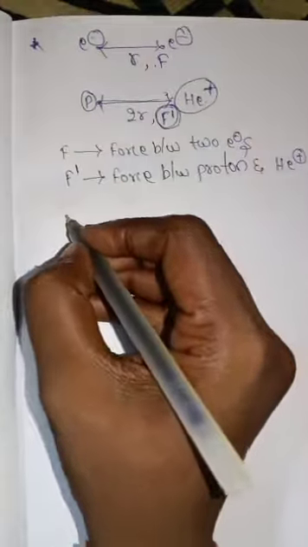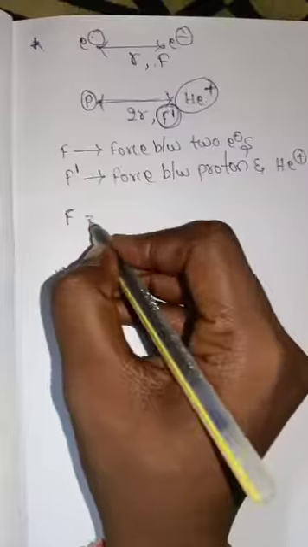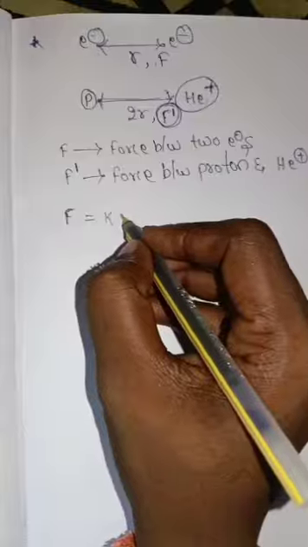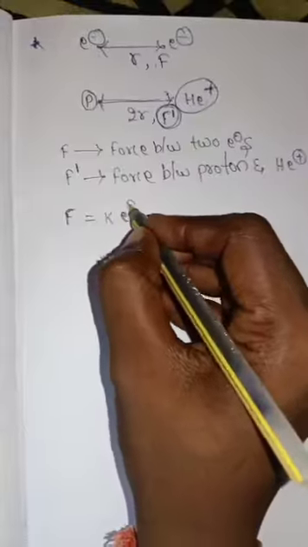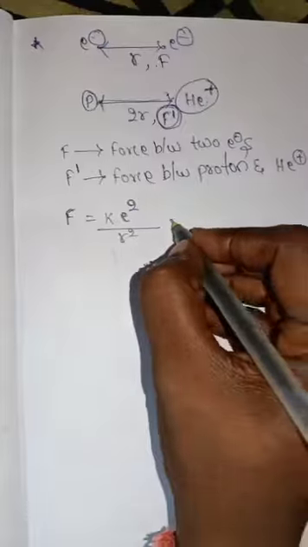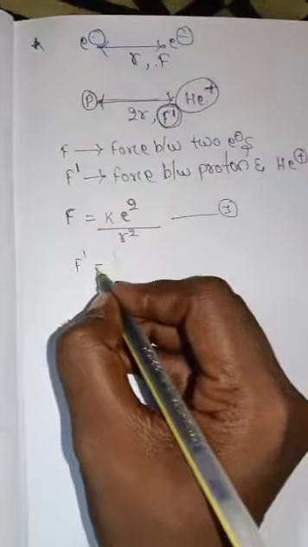So we need to find the first force between two electrons. F is equal to k e square, where e is the electron charge, divided by r square. This is equation 1, and the new force will be F dash.